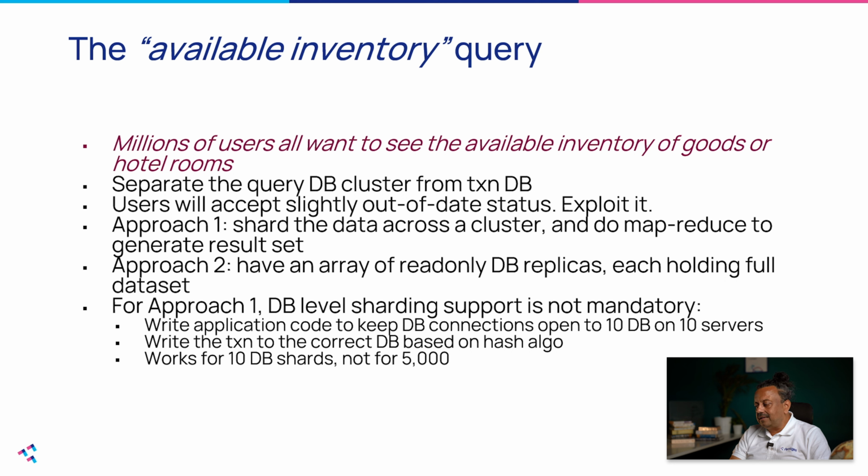So for the sharding approach, sharding can always be done at two levels. One is at the level of databases and other is at the level of applications. So a database level sharding is done using a database software which understands sharding and hides the details completely below its API.